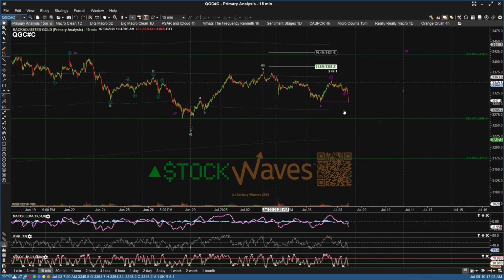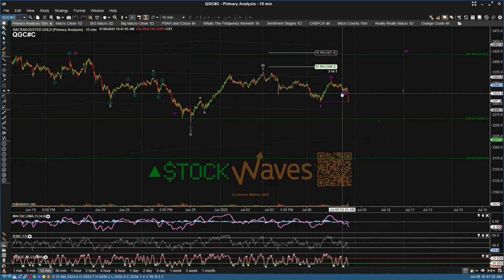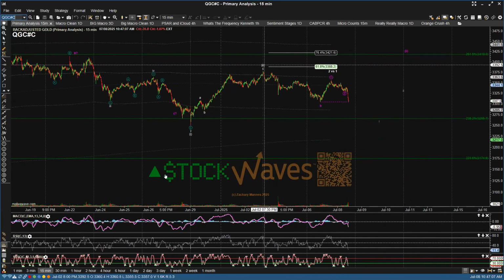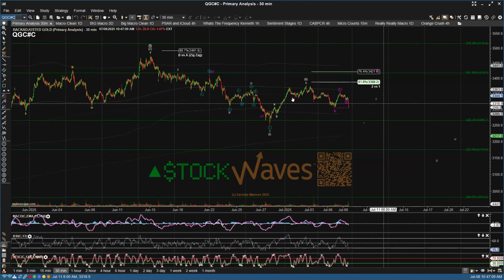Right. So there was still a chance that gold can hold in the very short term and try for more of this wave 2 bounce.